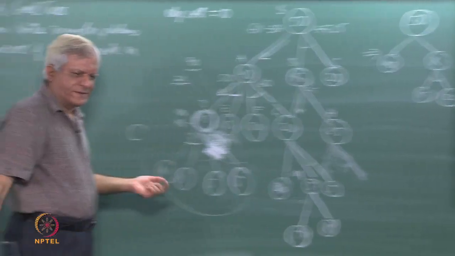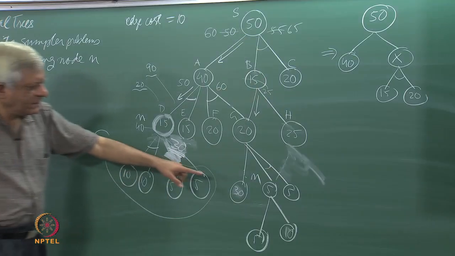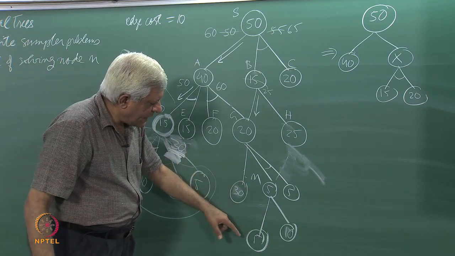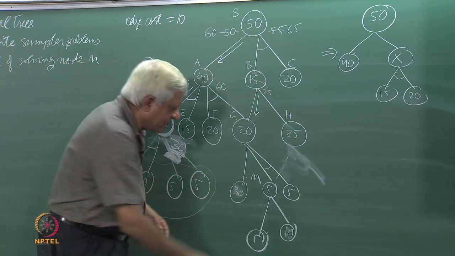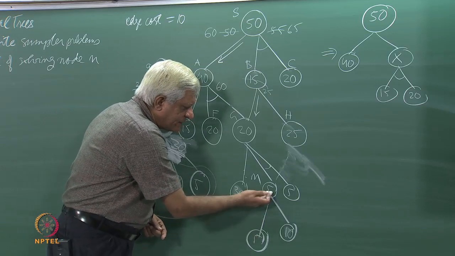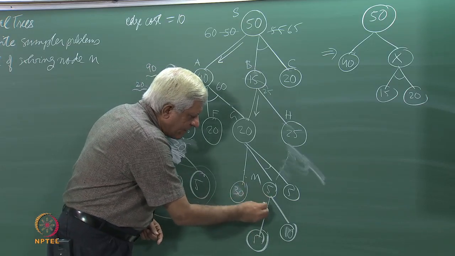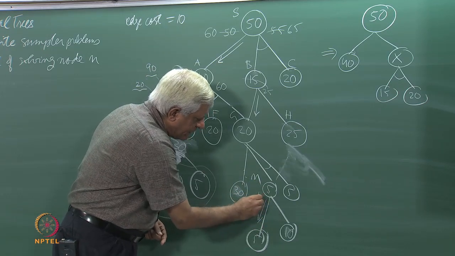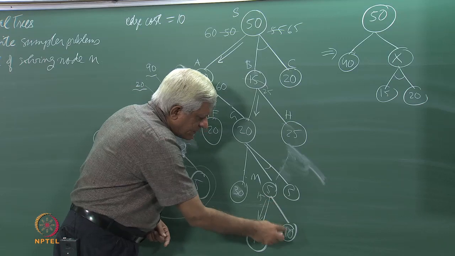I just want to illustrate this idea. If this was my node n and these are the two children, I will evaluate these children, and what is the best way of solving this n? I will mark with a pointer and compute the cost. This is 5 plus 10, 15, and this is 10 plus 10 is 20.